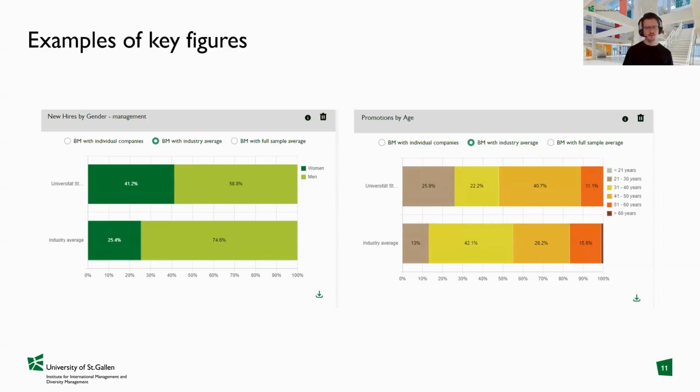In this key figure you can see, for example, that our example company promoted, like, every second promotion for an employee older than 40 years, and that is relatively more compared to the industry average.